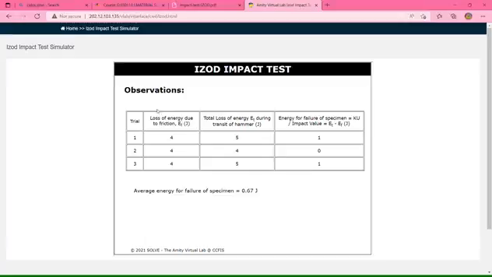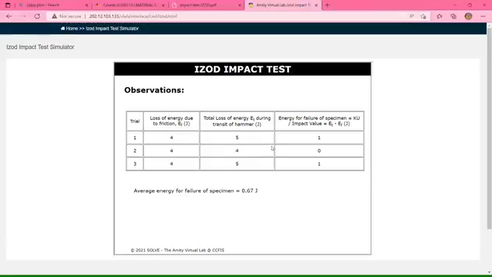Then the observation of trials 1 to 3: for loss of energy due to friction, trial 1 we got 4, trial 2 we got 4, and trial 3 also 4. For total loss of energy during transit of hammer, trial 1 we got 5, trial 2 we got 4 joules, and trial 3 we got 5 joules.